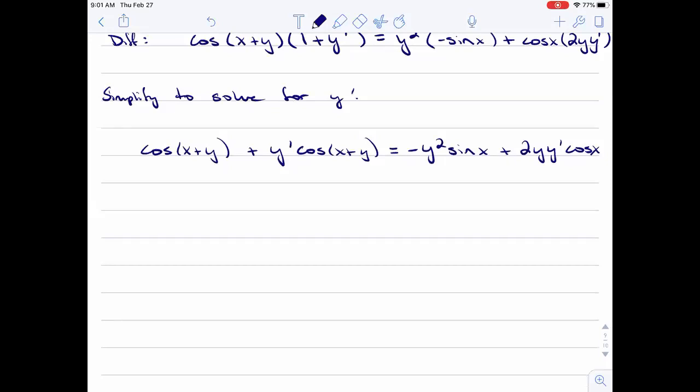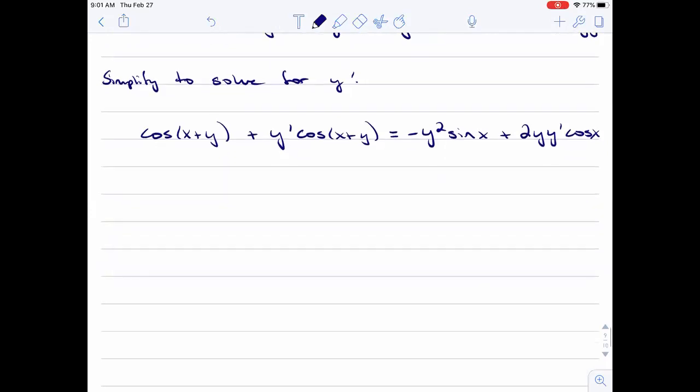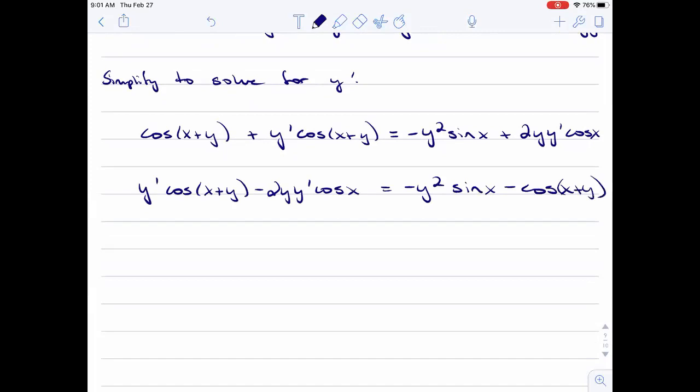Shifting the y prime terms over to the left-hand side and the non-y prime terms to the right-hand side, I get y prime cos x plus y minus 2y y prime cos x is negative y squared sine x minus cos x plus y. If you want to pull out the negative, you can, right?